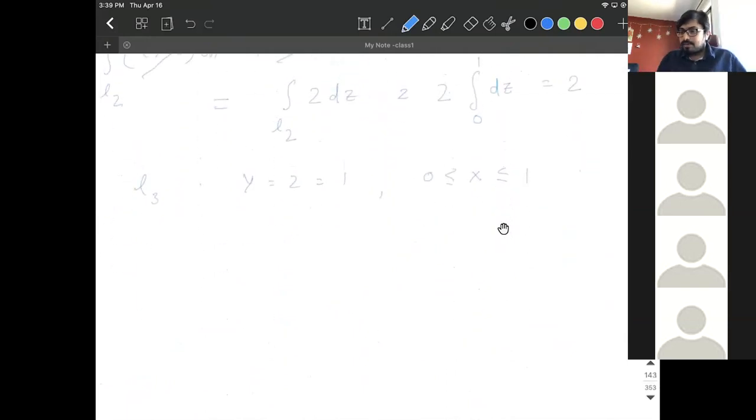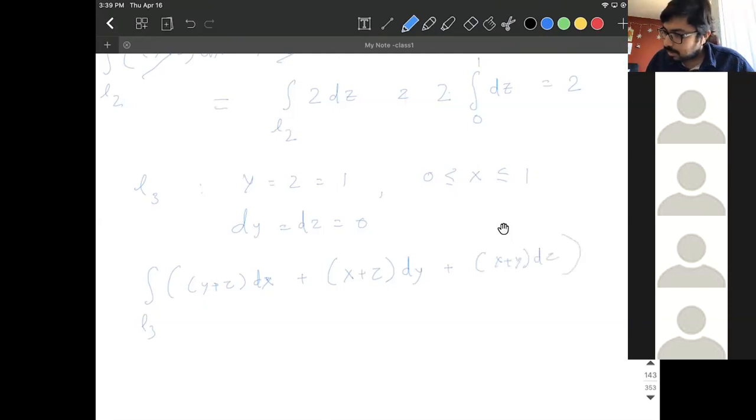So this is L3. Of course now dy and dz are zeros. And then the total integral over L3 of y plus z, and so similarly the other terms go away.